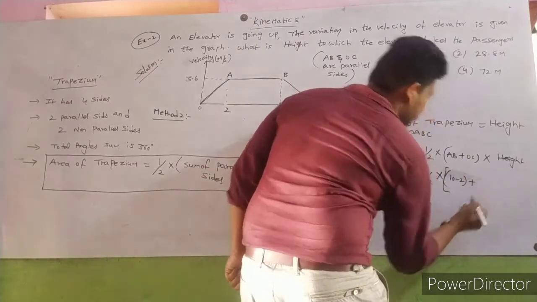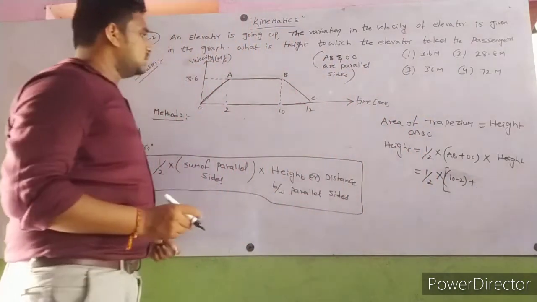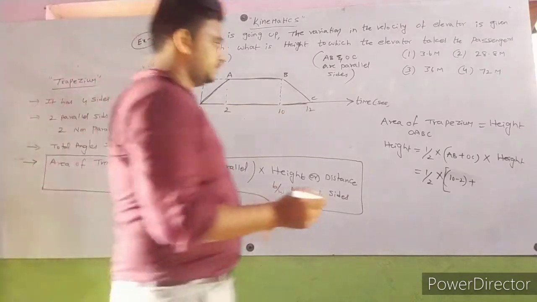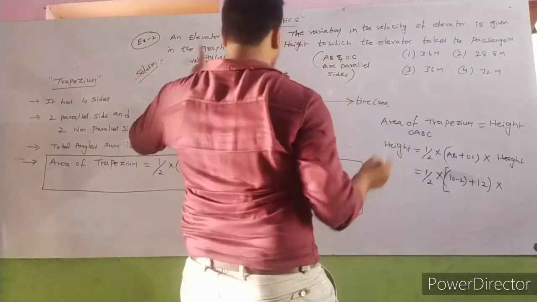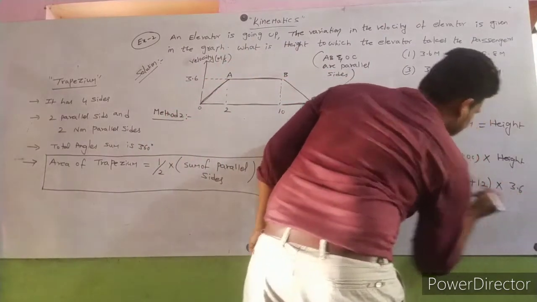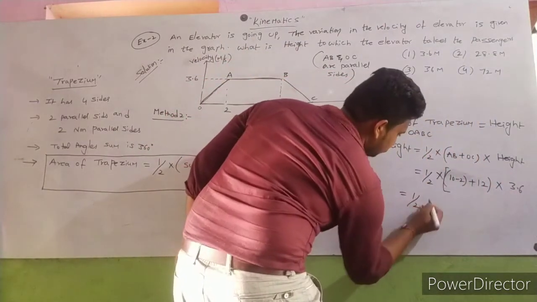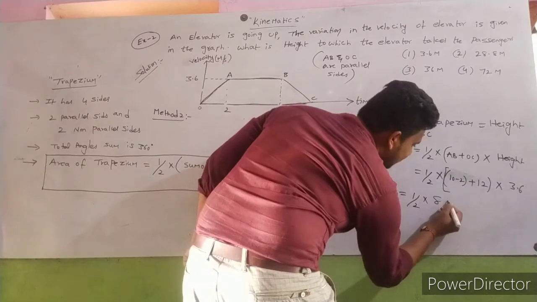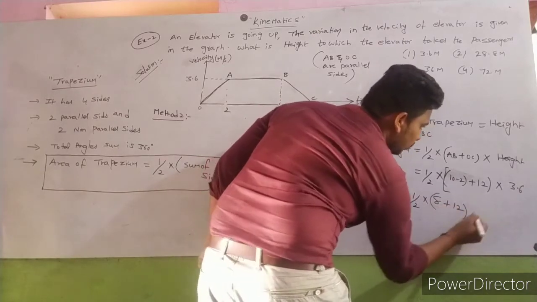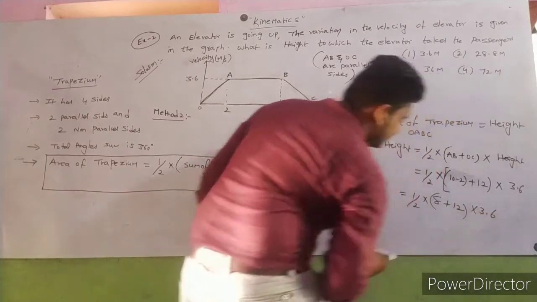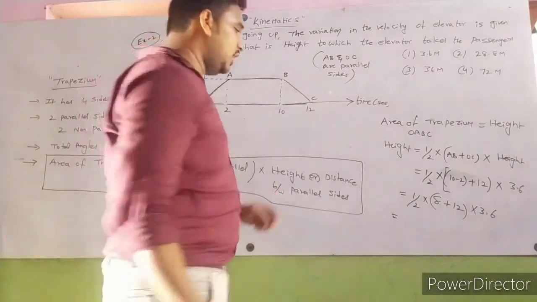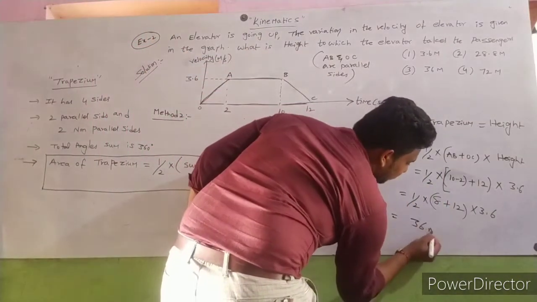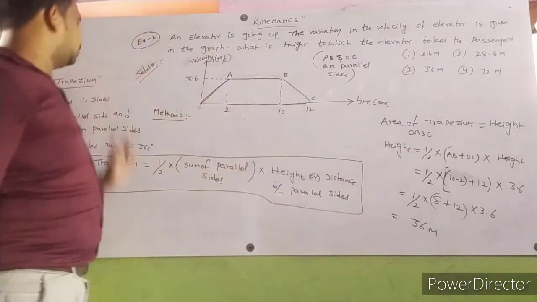AB plus OC, where OC is 12, into height 3.6. So half into 8 plus 12, which is 20, into 3.6. We got 36 meters. So this is method 2.